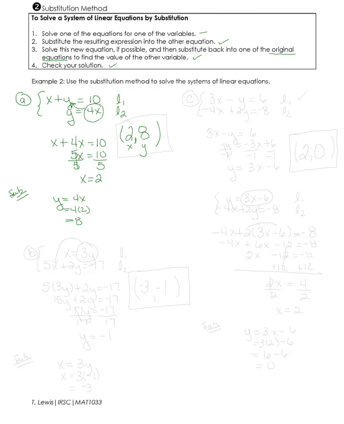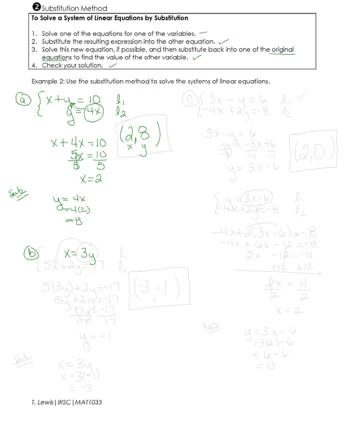Let's do another one. We have here x is equal to 3y. Our second equation is 5x plus 2y is equal to negative 17.